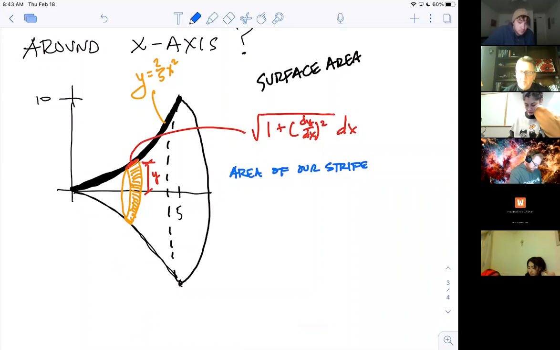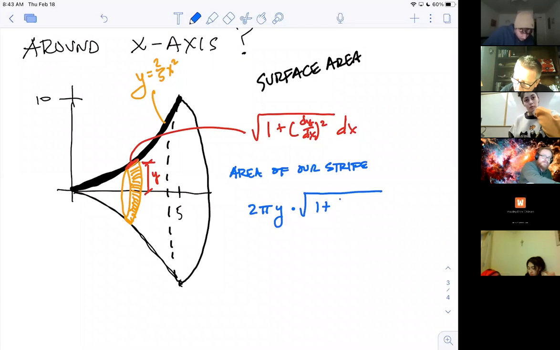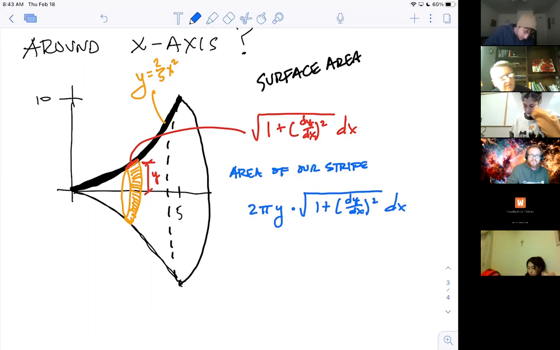The area of our stripe unrolled would be 2 times pi times radius times its height. But its height is slanted this time. So I'm not just saying 2 times pi times radius times height. I'm saying 2 times pi times radius times this statement right here. Isn't that the area of our stripe?